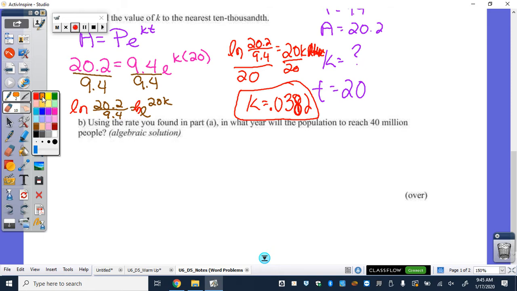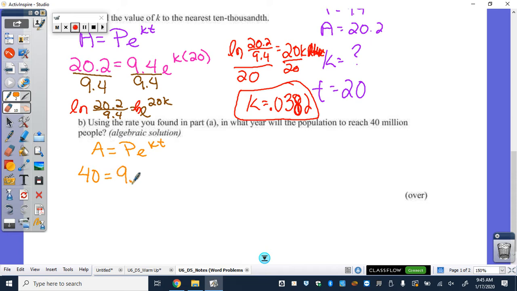So still using A equals P times e to the kt. This time we want our A to be 40 million, so I'm going to put 40 in over there. Our P is still 9.4 because that's when the problem started.